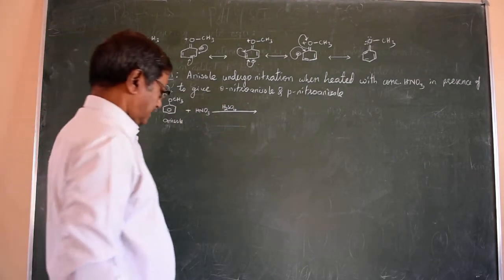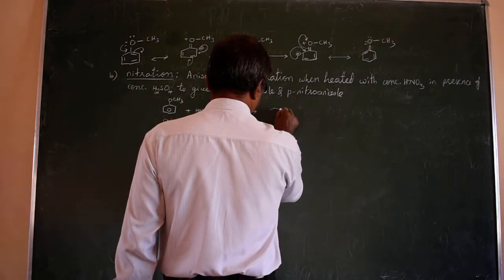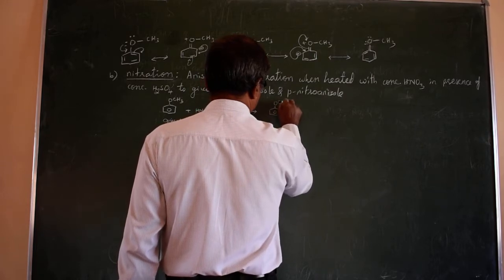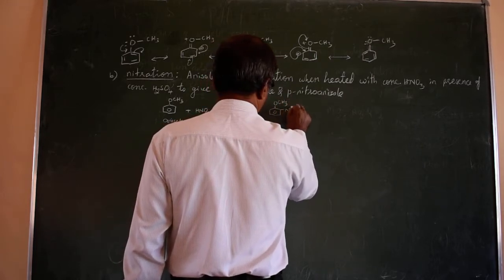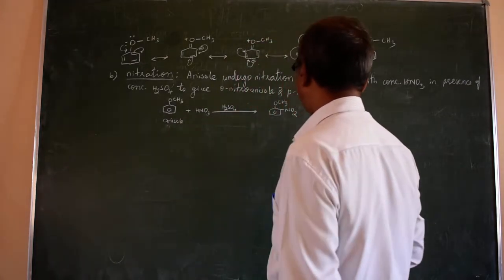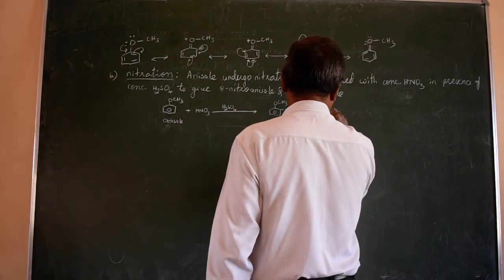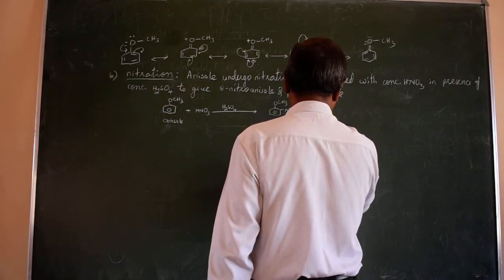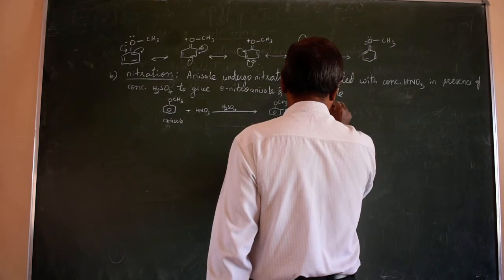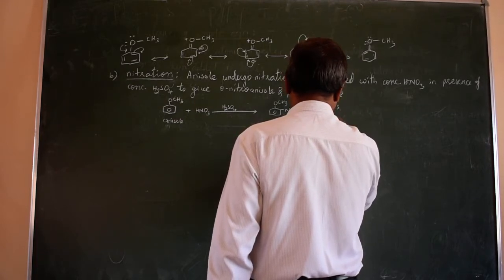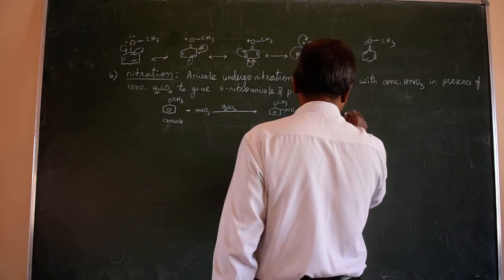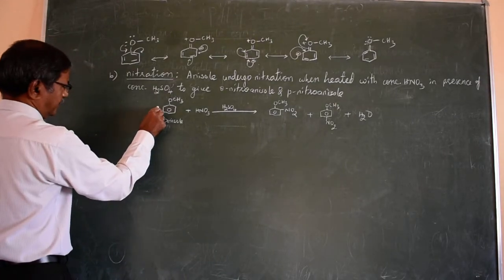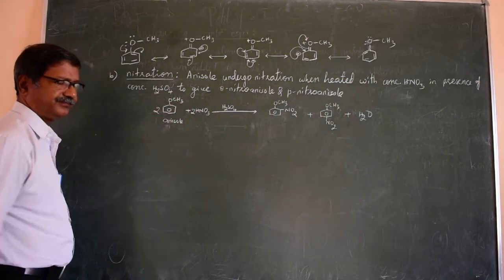So the products are ortho-nitroanisole and para-nitroanisole. OCH3, then NO2, it's ortho-nitroanisole, and one more is para-nitroanisole. OCH3, we have NO2, para-nitroanisole, and H2O. So here you have to write 2 times.